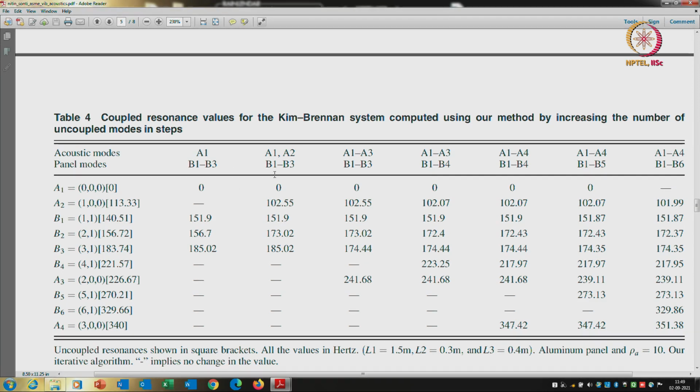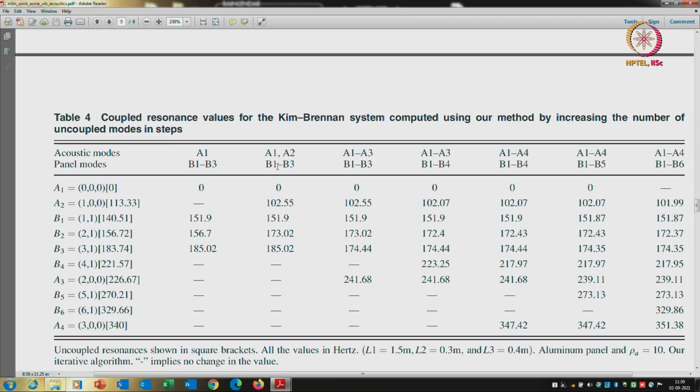Okay. So in the first calculation, A1 acoustic first mode, B1, B2, B3 are included. In the second calculation, 2 modes are included and 3 panel modes, B1, B2, B3 and so on. The third calculation, 3 acoustic modes, A1, A2, A3 and B1, B2, B3.